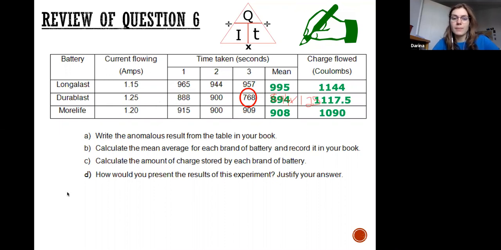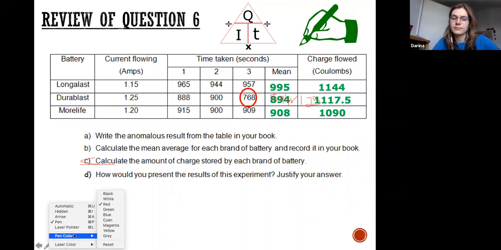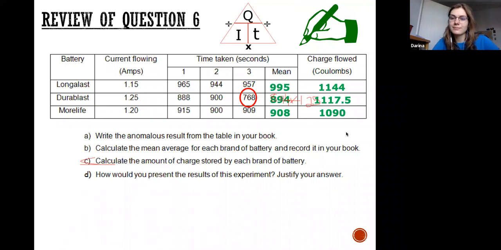Right, we're not going to do the next question, but does anyone have any ideas? How would you present this data in a chart, in some kind of graphical form? What do you think would be a good idea? How would you present this data? Anyone?